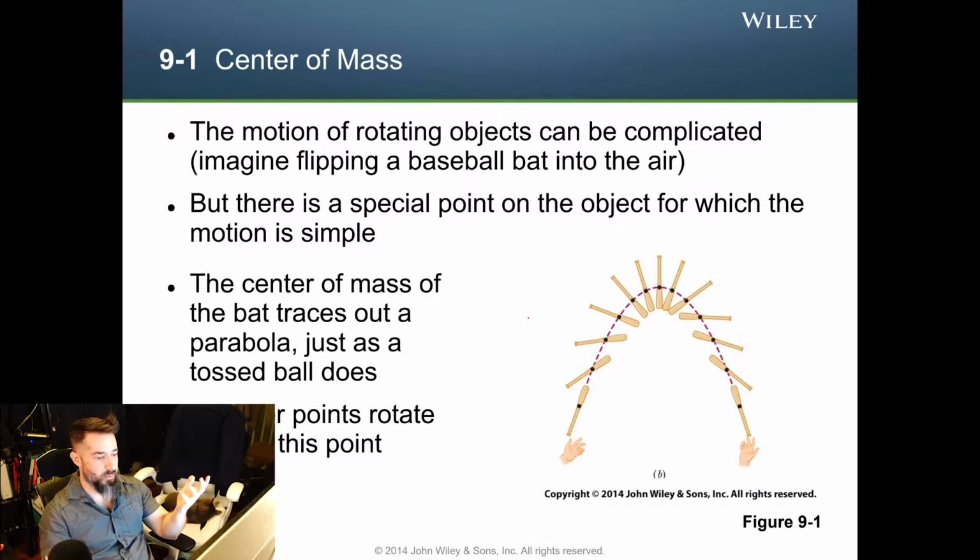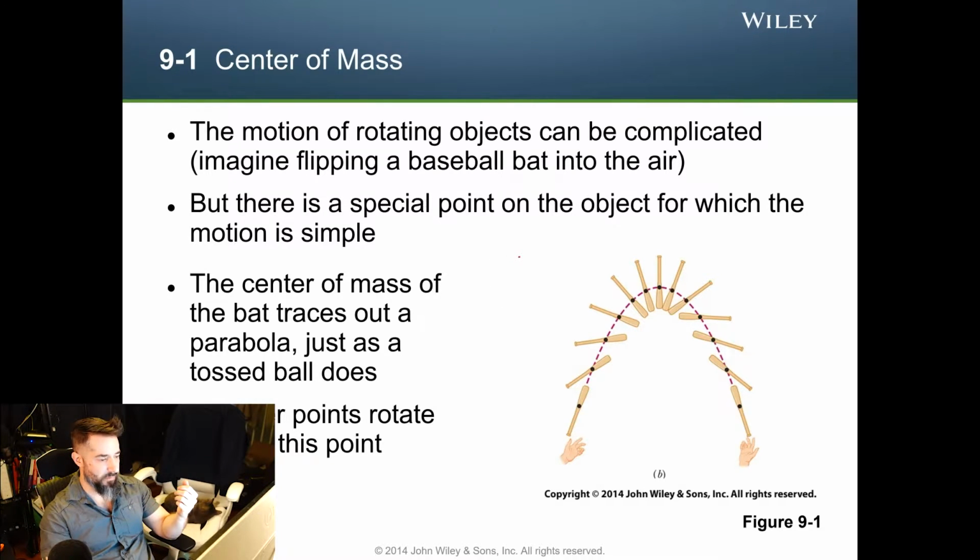Okay, so the first thing we're going to talk about is the center of mass. Center of mass is, again, something that we've simplified because that's what we do in physics. We simplify things. And we look at complex objects of different shapes and sizes, and we break them down into a single point, like a particle point, and that makes it much easier to deal with.